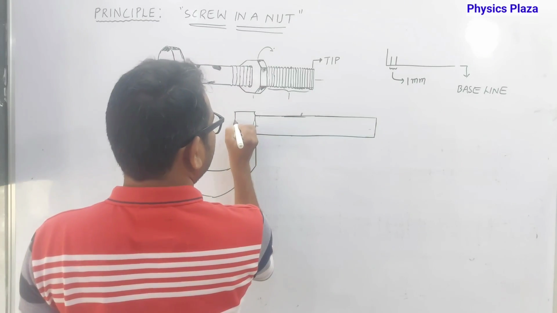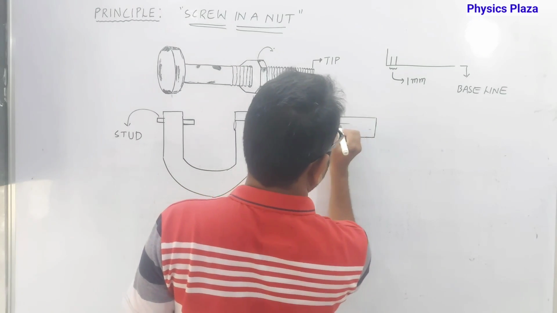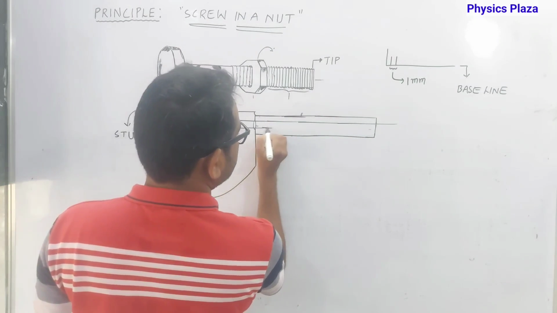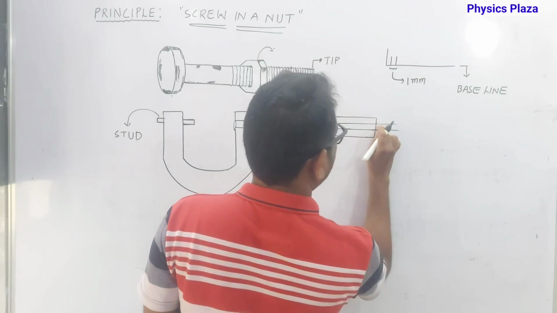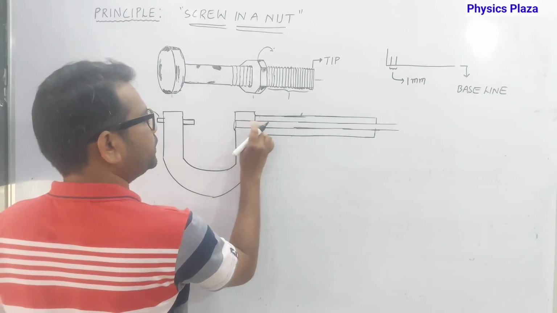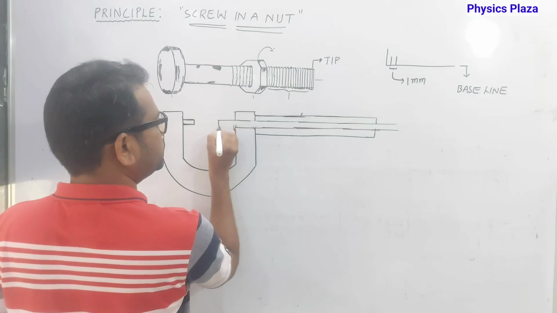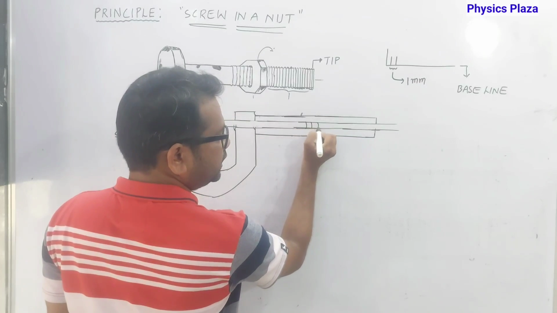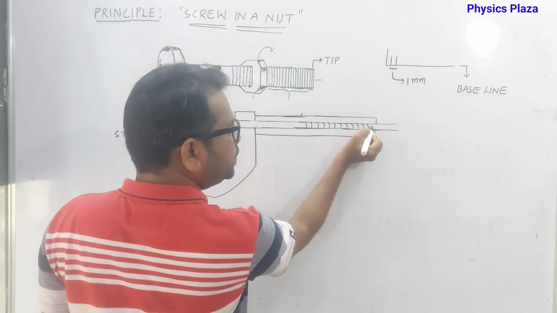Inside, what will be there, children? Here is the screw. Let us draw it properly. On this screw, fine threads are made, identical to the nut.